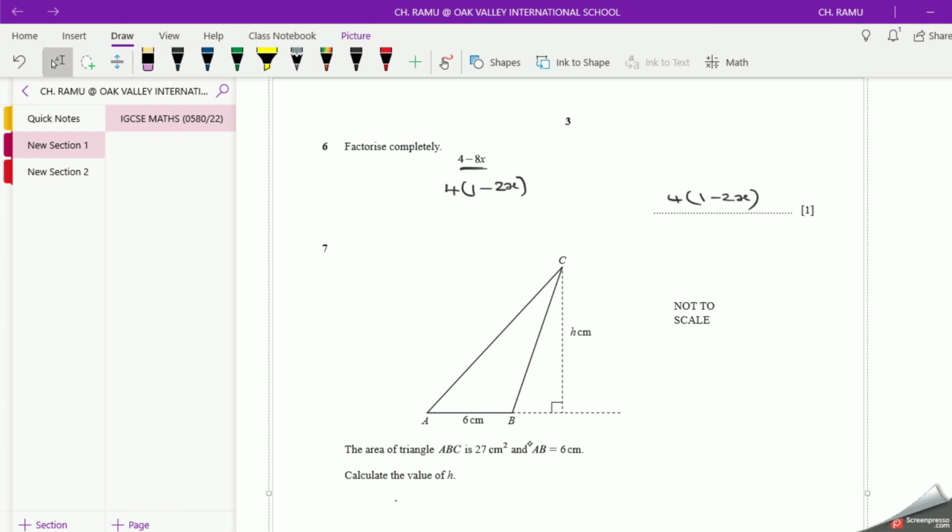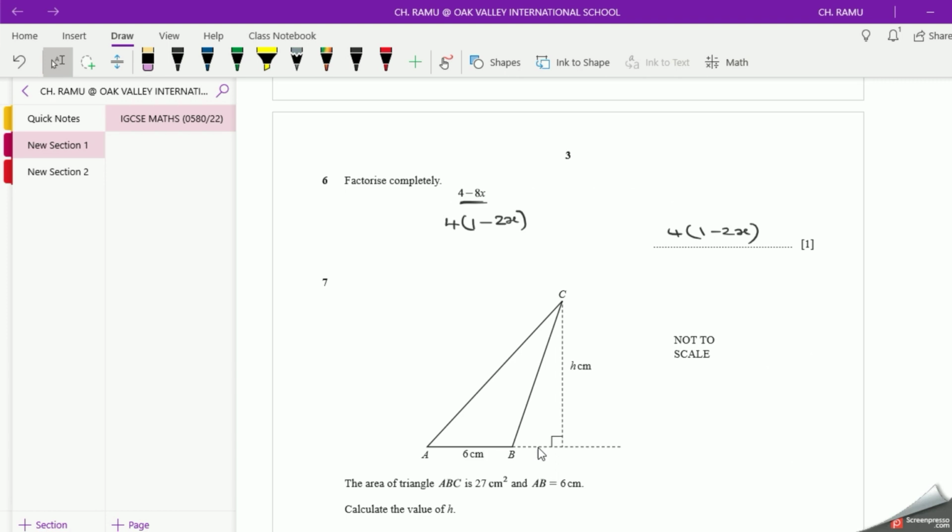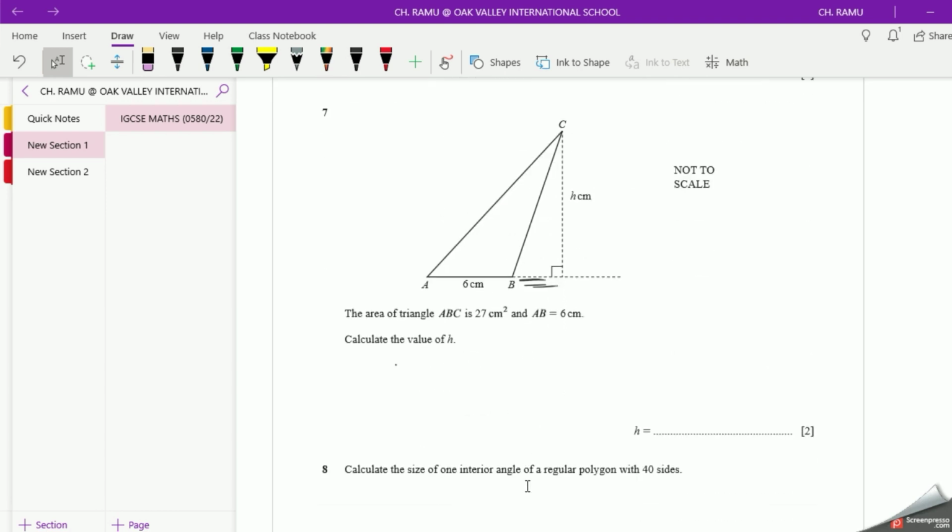Now observe the question. Clearly this is a triangle. They have given that the area of the triangle is 27 centimeter square and the base is 6 centimeter. We need to find the value of h.